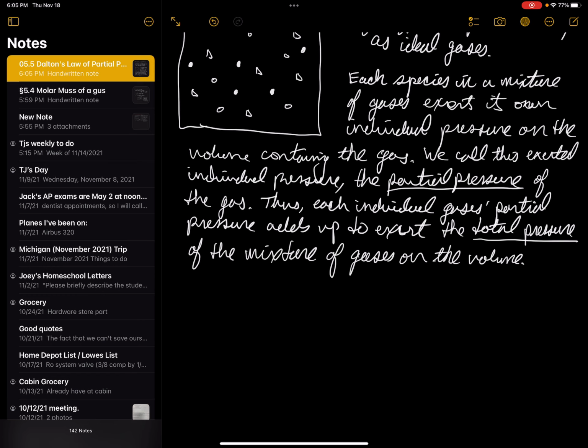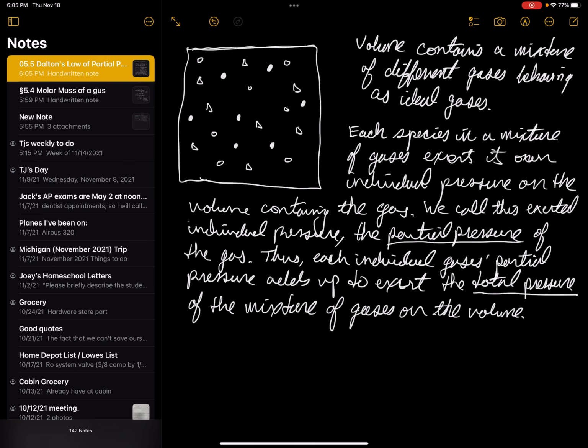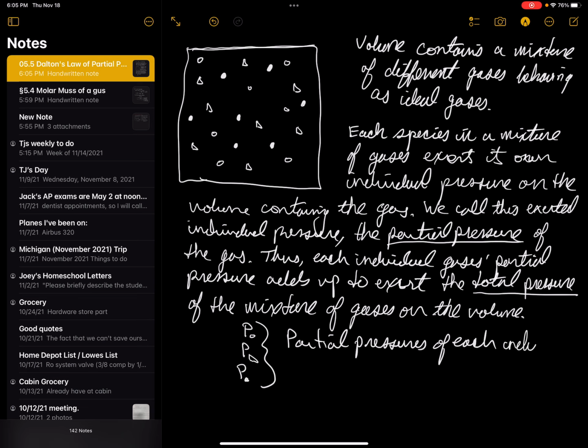Okay? So each individual gas has a partial pressure. So there's a P circle, a P triangle, and a P dot. Okay? So these are the partial pressures of each individual gas in the mixture.